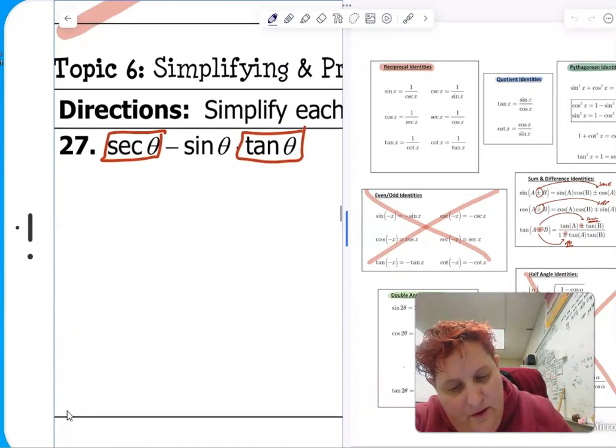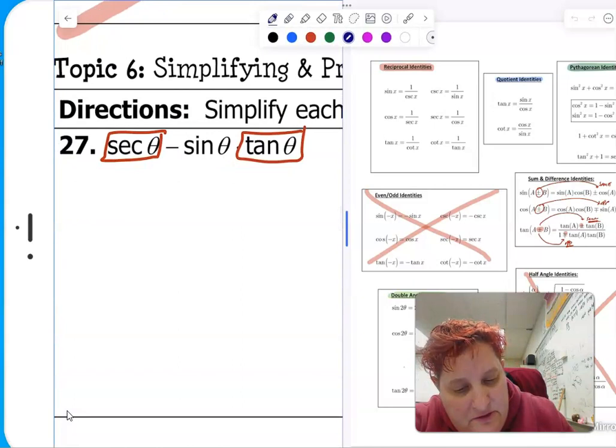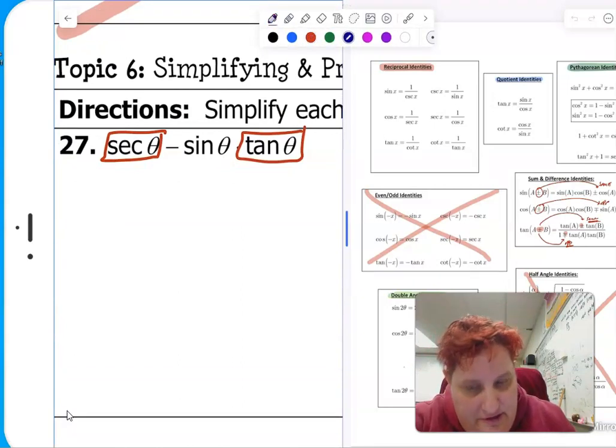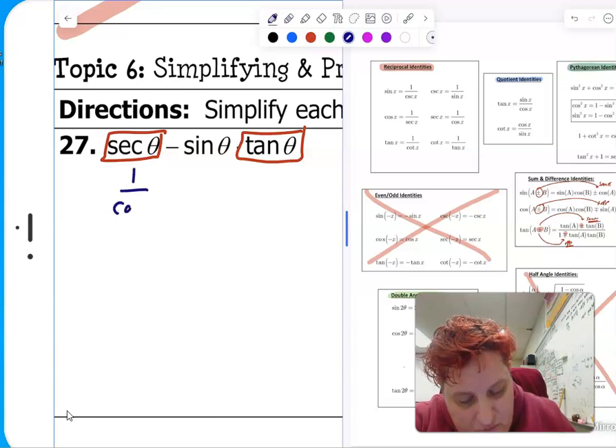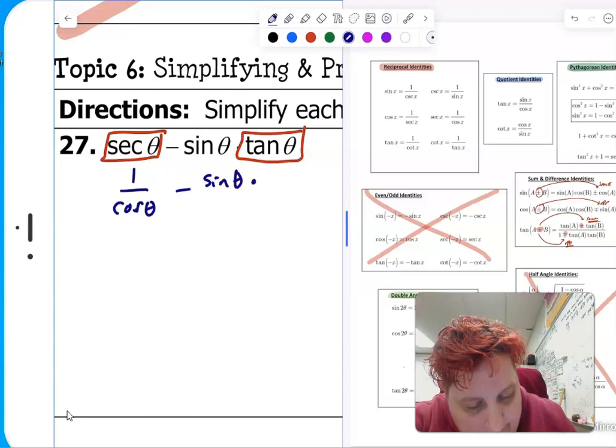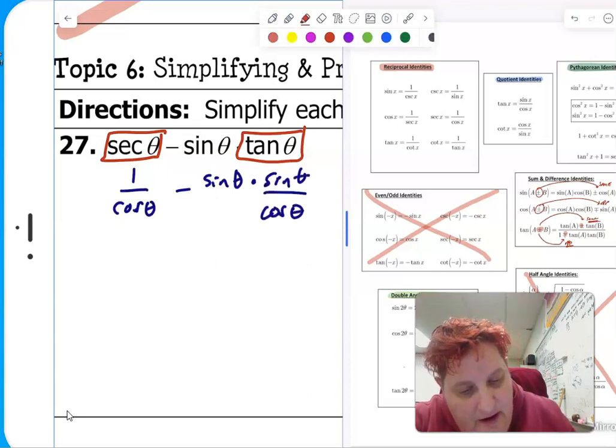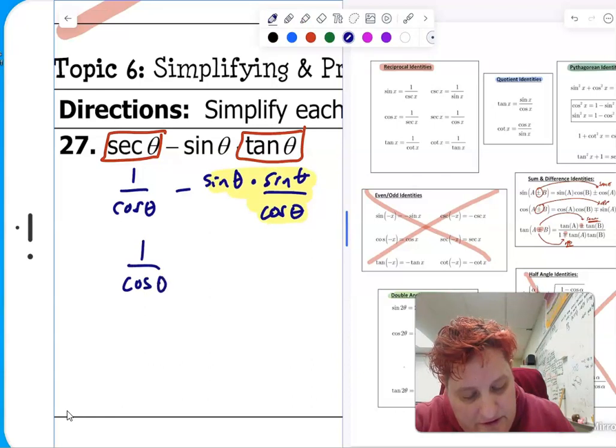Here we go. Okay, remember that one of the best ways, if you're not sure what to do, is to change everything into sines and cosines. I know secant is 1 over cosine. I know tangent is sine over cosine. Now, if I were to put this together into a single fraction, I would get 1 over cosine minus sine squared over cosine.